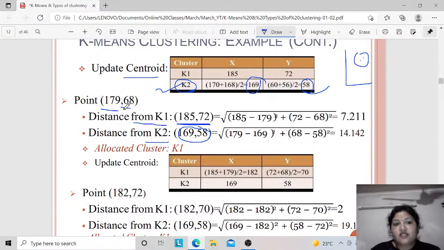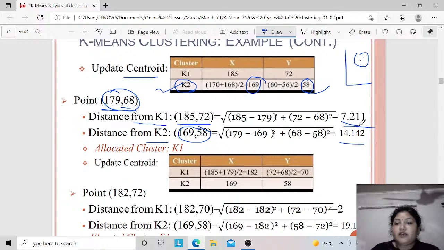Now again the same procedure will be followed, like 185 minus 179 whole square plus 72 minus 68 whole square. Then take from the second centroid also, that is 179 minus 169 and then 68 minus 58, and then you calculate the distance of the data point from both the clusters, right?